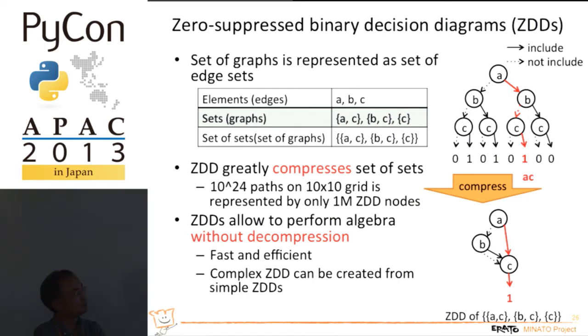For example, 10 to the 24th power of paths in the demo is represented by only 1 million ZDD nodes. In addition, we have efficient algorithms that perform the rich graph set algebra without decompression. We can create a very complicated ZDD by combining several simple ZDDs with the algebra. Unfortunately, we have no time to discuss ZDDs in detail, but this is the key of Graphillion's great efficiency.